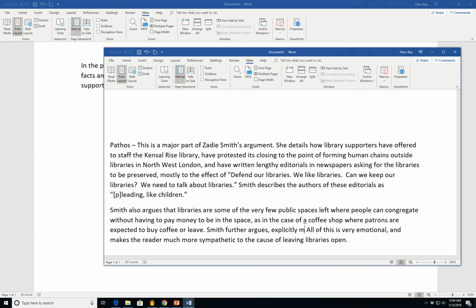Explicitly mentioning Ethos, Pathos, and Logos, and I swear I have never seen this article before.